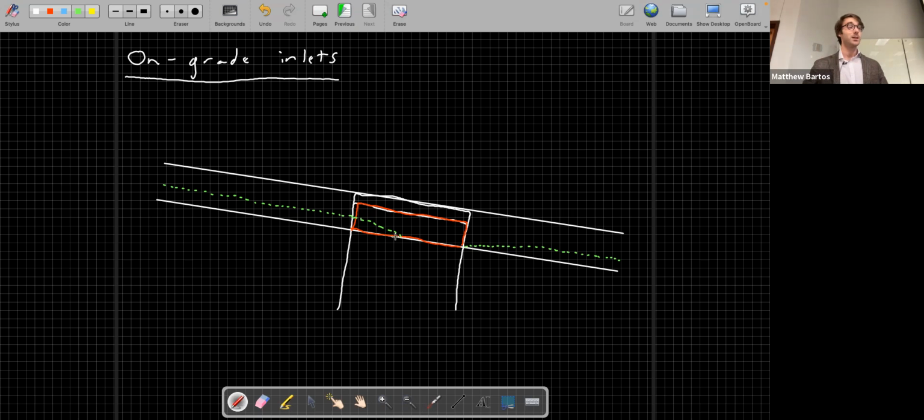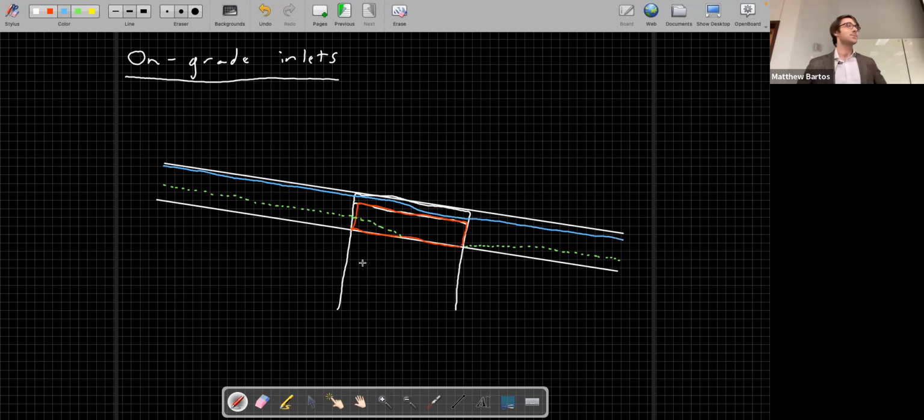The water surface should be below the top of the inlet. If the water surface is above the inlet, you will get a submerged inlet. Okay, so it will kind of look like this. And generally, if this happens, this is not good.